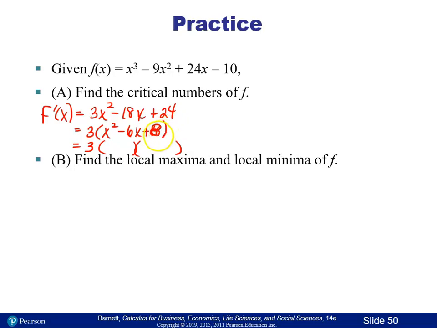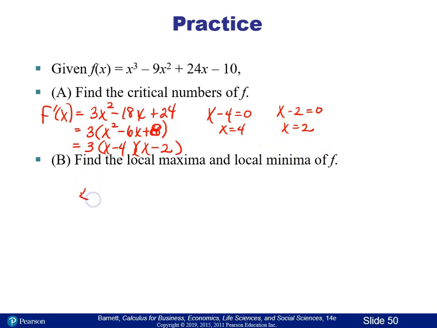We need numbers that multiply to give me 8 and add to give me 6. So that's going to be 4 and 2. So if I set each of those equal to 0, I'm going to get 4 and 2. So those are my critical numbers.